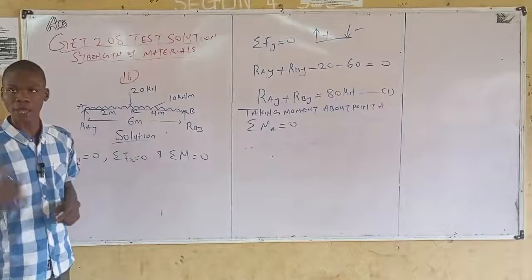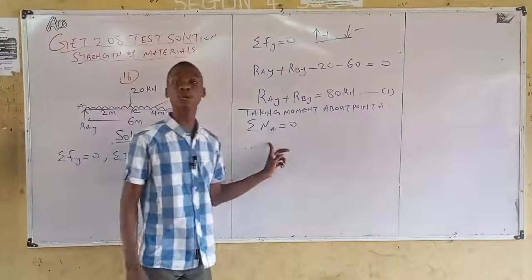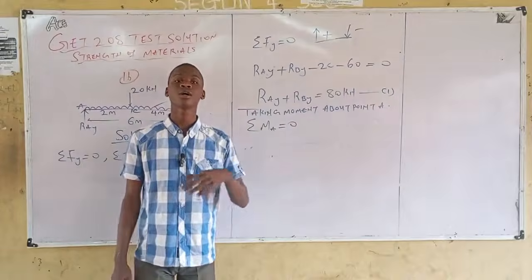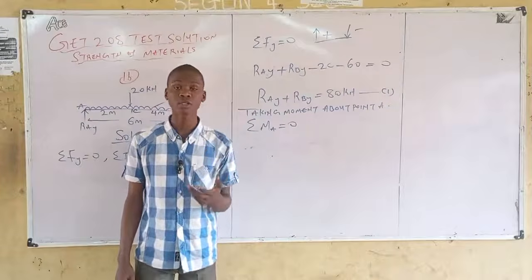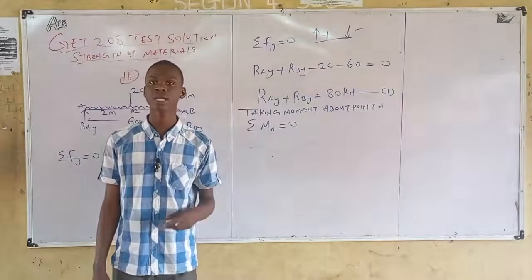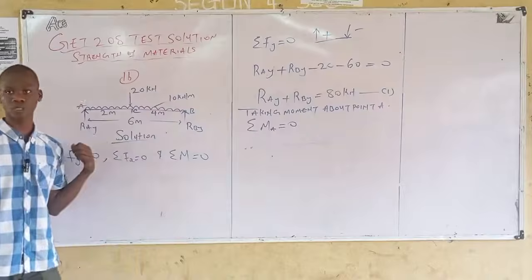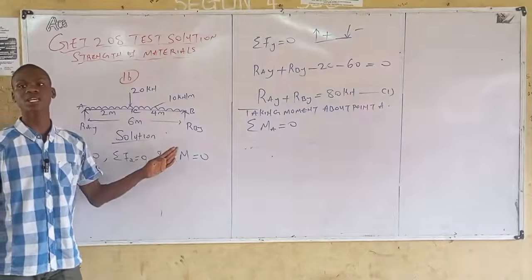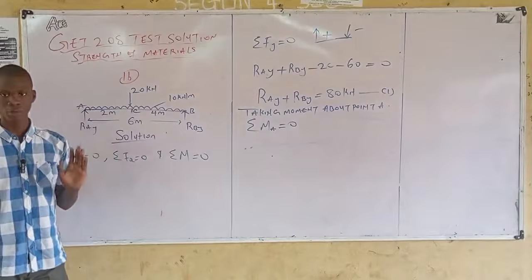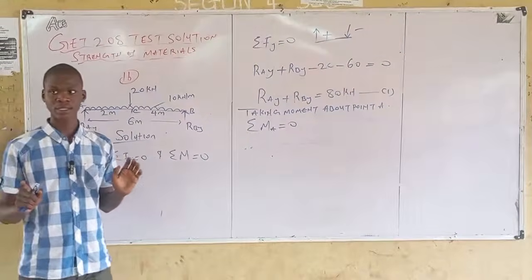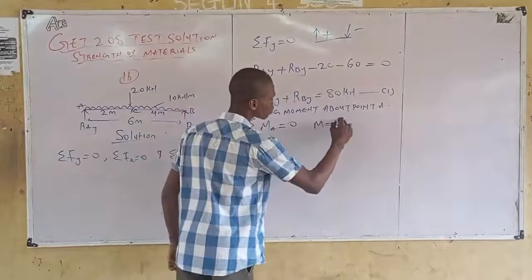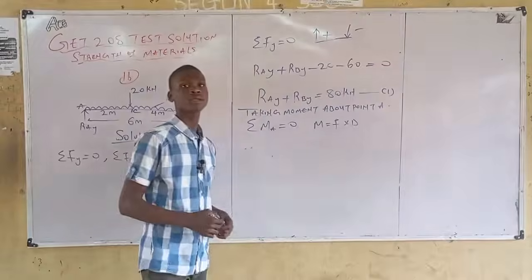The question is why? Since we said we are taking moment, by definition, what is moment? Moment is the what? It is the product of force times the perpendicular distance to the turning point. In this case, A is serving as the turning point. Then every force has its own respective distance it covers to that point. Hope you are getting it. Under moment, we already know that moment is equal to force times distance.